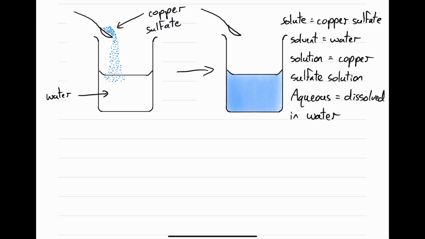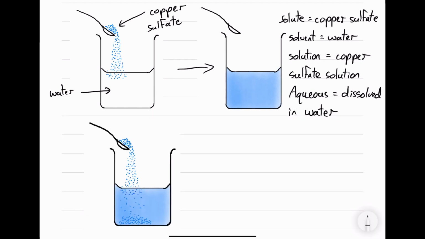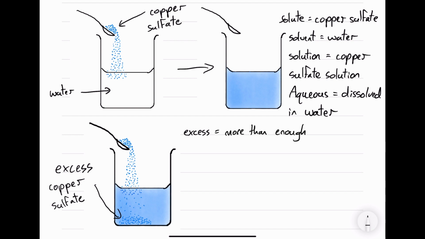However, if you kept adding copper sulfate, you would see something that looks like this. Eventually we get to a point where no more copper sulfate will dissolve and the excess just sinks to the bottom. Excess means more than enough. We now have a saturated solution of copper sulfate.